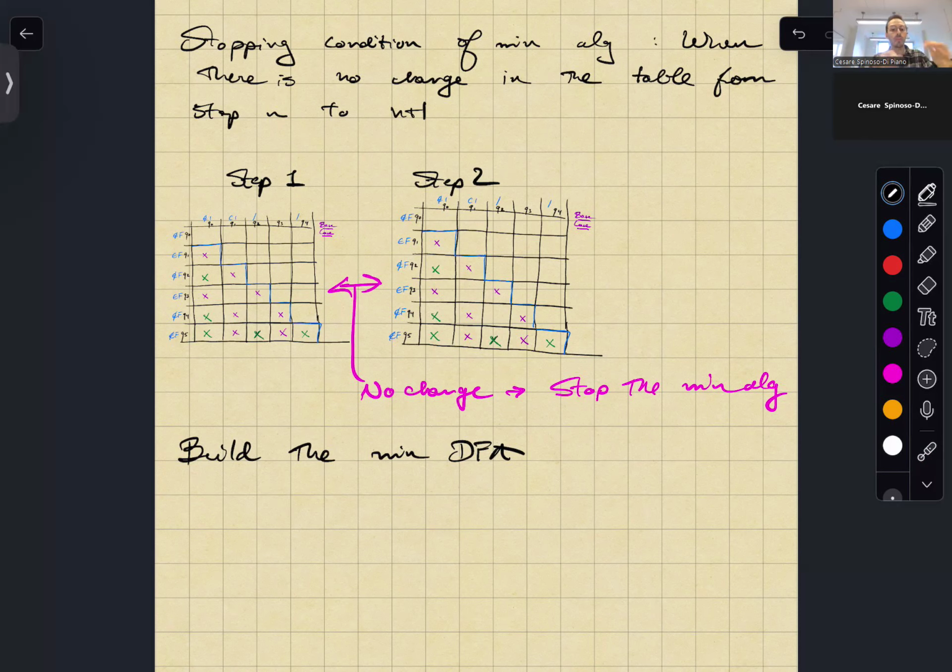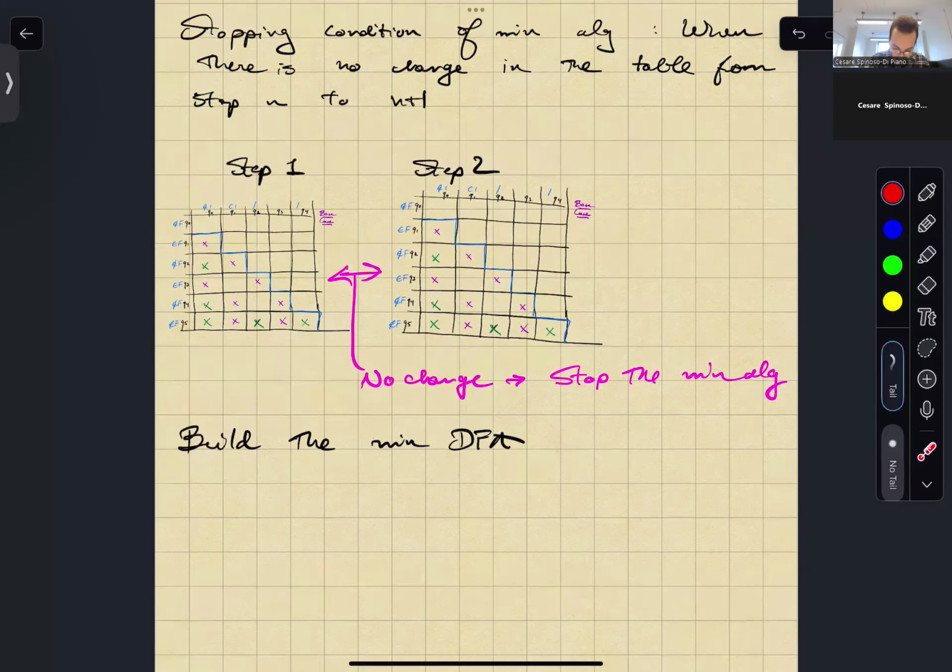For each group of pairwise indistinguishable states, you create a set of states which becomes a state in the minimal DFA. Here it looks like Q1 and Q3 are going to be indistinguishable because they're unmarked at the end of the algorithm. And the same thing for Q2 and Q4.